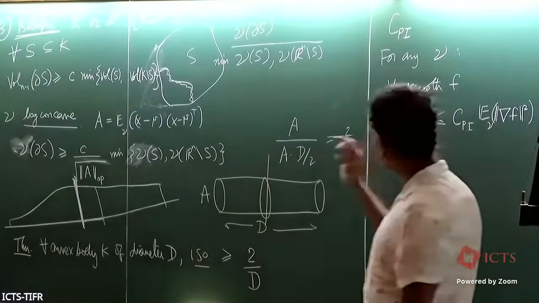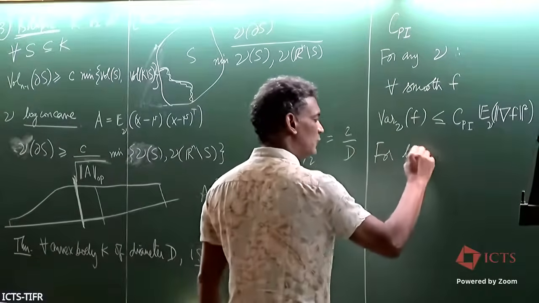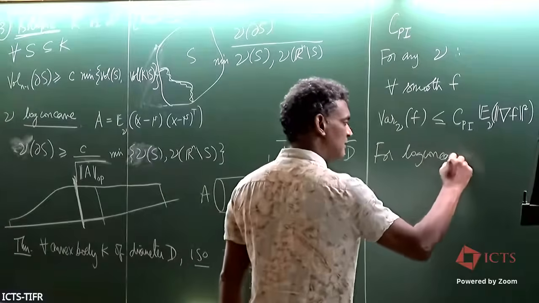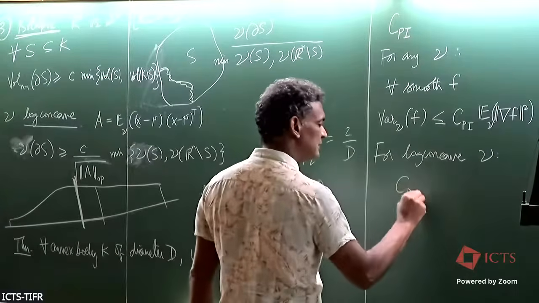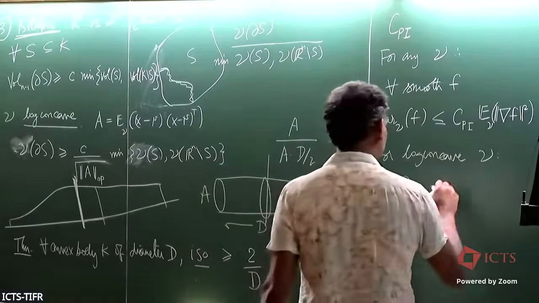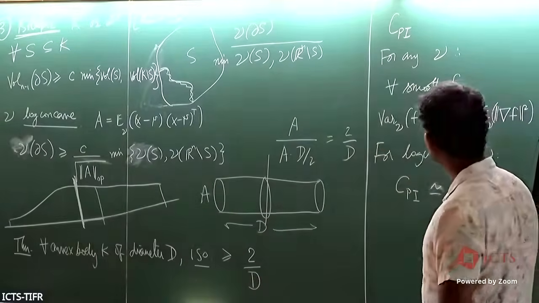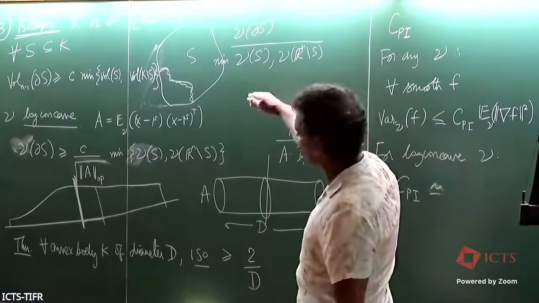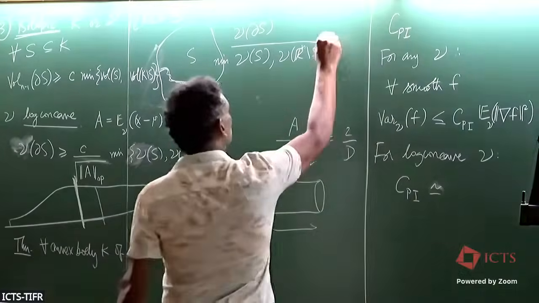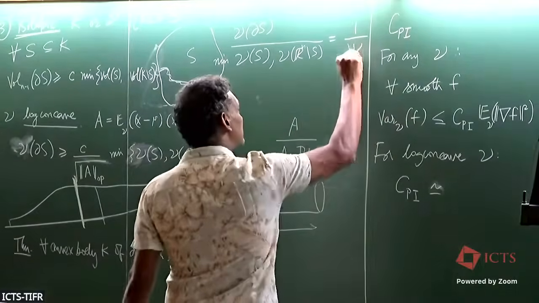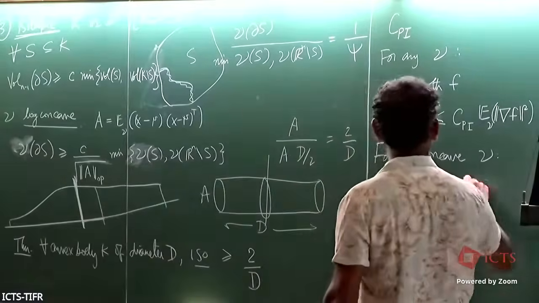Now, for log concave nu, we have that the Poincare constant is equal, up to a universal constant, to the inverse of this isoperimetry squared. So let's call this minimum 1 over psi, and so this is just psi squared.